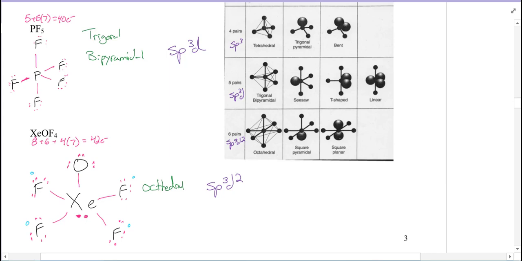It's -1 right now. Xenon has 1, 2, 3, 4, 5, 6, 7. It brought in 8. It is +1. Is there a way to minimize that formal charge? Well, could we double bond that oxygen? These formal charges go to 0 and 0. Can xenon do that, though? Well, it has 2, 4, 6, 8, 10, 12.